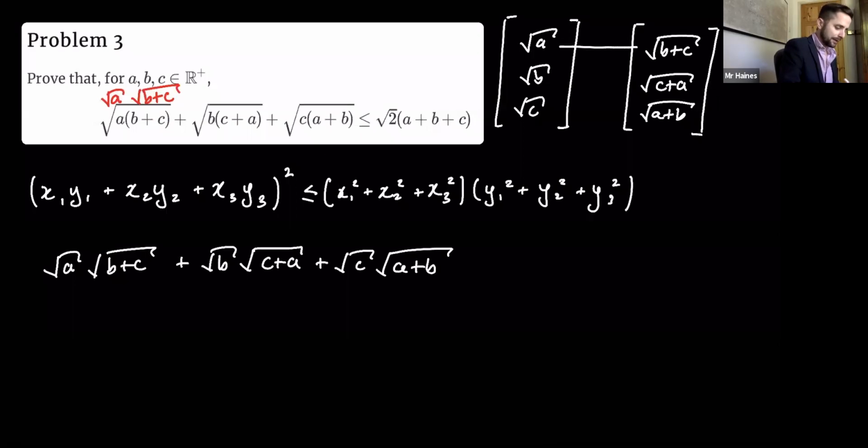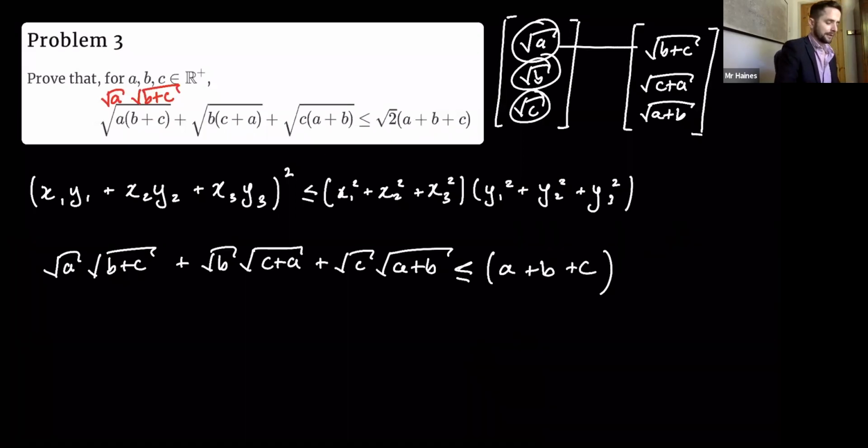And on the right side, we're going to have root A squared, which is just A, root B squared is just B, and root C squared is just C. And then root B plus C squared, that's B plus C. Root C plus A squared is C plus A, and root A plus B squared is A plus B.